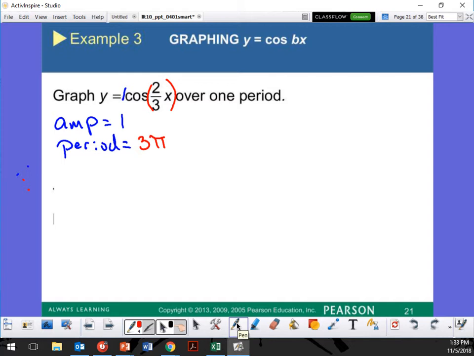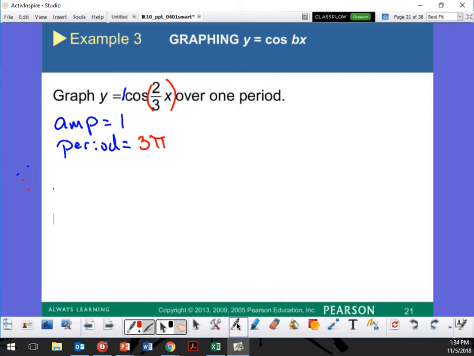They're in a pattern. It's going to be repeating. But how long does it take for this to repeat? Every 3 pi. It's going to repeat the pattern every 3 pi.